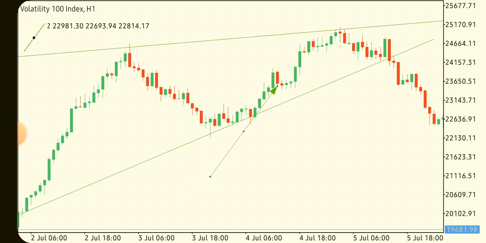There's a certain formation between this area here, a very special formation. We will talk about it. Then it makes an impulsive move to the resistance line, and then it comes back, right? And from here we can see that there's a break of structure.